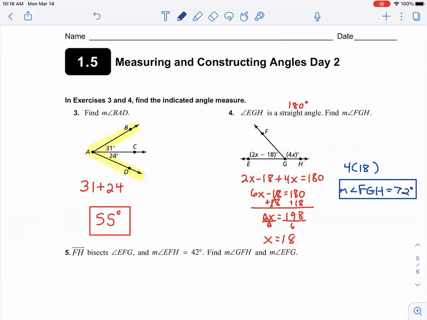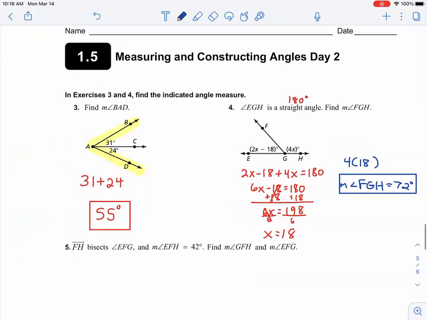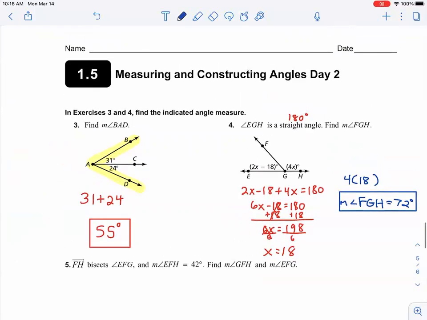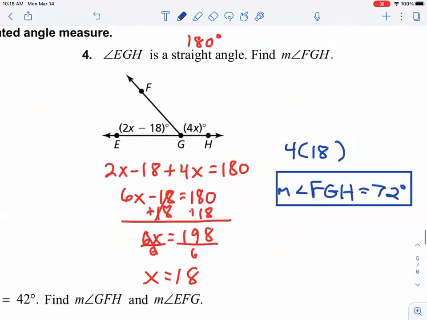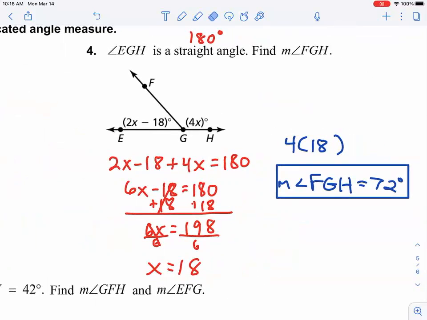Yes. 33. Did I make a mistake? Yeah, you put... Oh, thank you so much. I apologize. I put 18 and I should have put 33. I'm sorry, guys. So x is equal to 33.